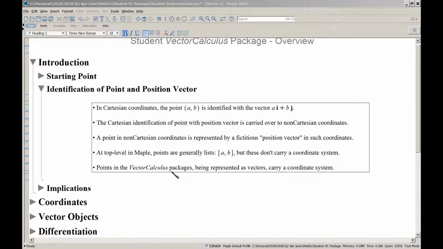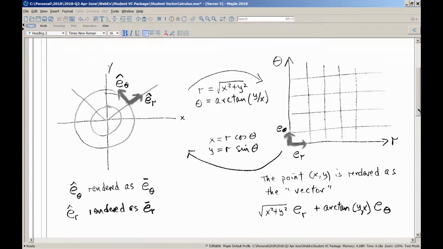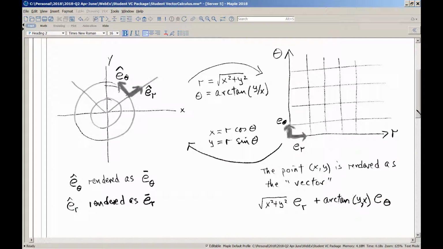In the vector calculus package, because points are going to be represented by this fictitious position vector, they will be able to carry a coordinate system. So you give a little and you get a little. Well, that paradigm has implications. And let's use this example to amplify what those implications are.